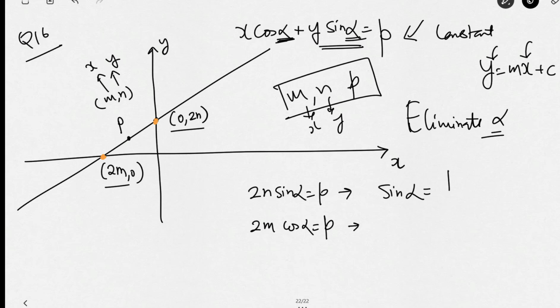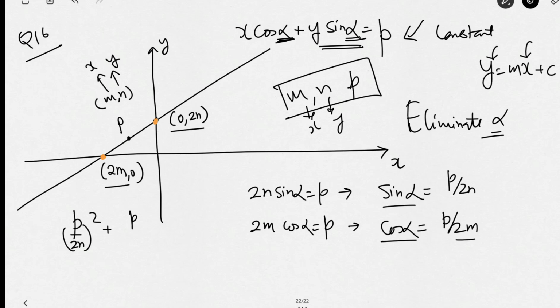Sin alpha is p over 2n, cos alpha is p over 2m, and you already know sin square alpha plus cos square alpha is 1, so you can put that. (p over 2n) square plus (p over 2m) square is 1, or 1 by 4n square plus 1 by 4m square equals 1 over p square.